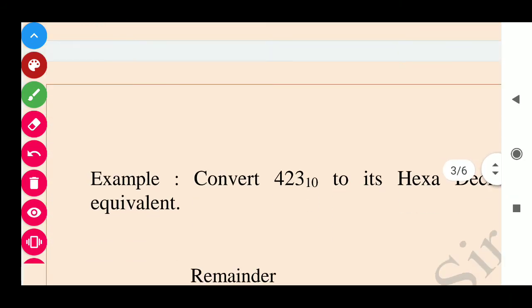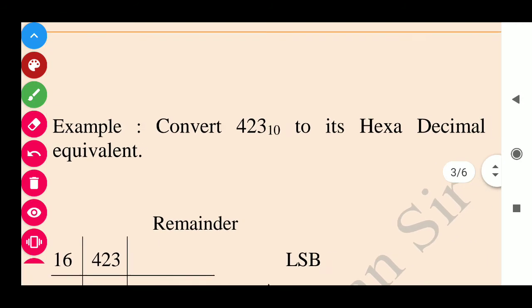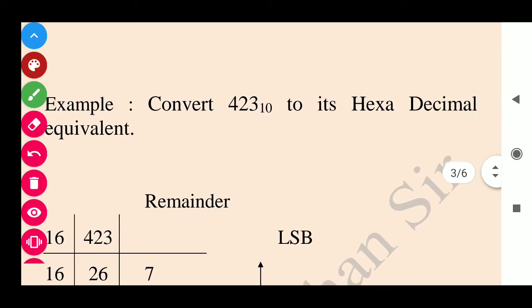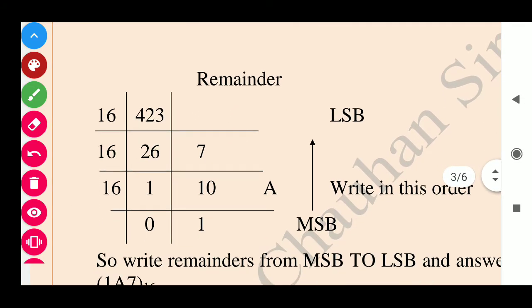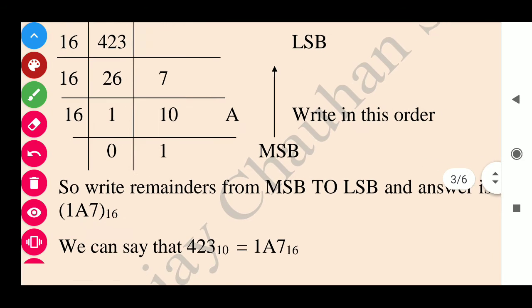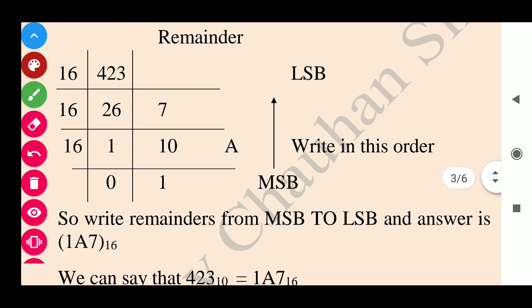Now one more example: convert 423 base 10, that is a decimal number, to its hexadecimal equivalent. Now see here, if we divide 423 by 16, your quotient is 26.